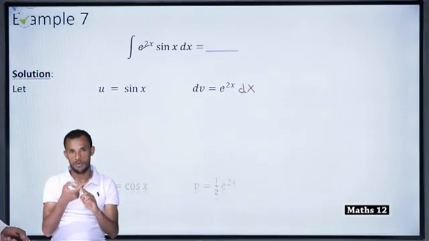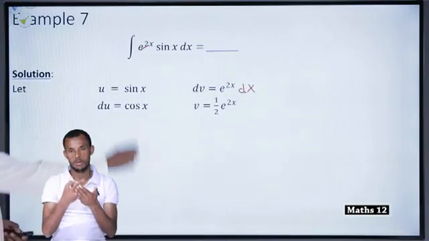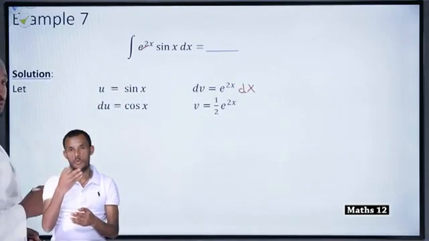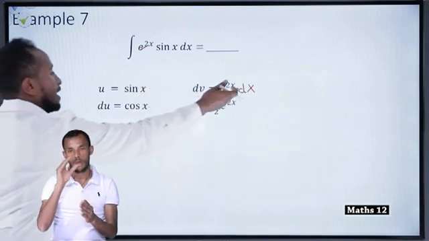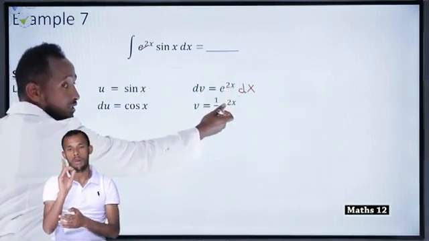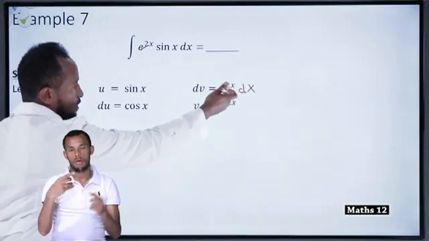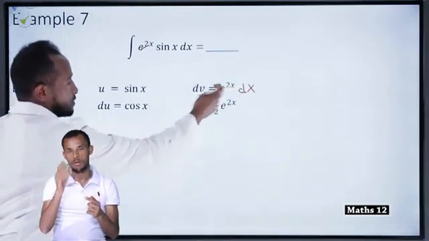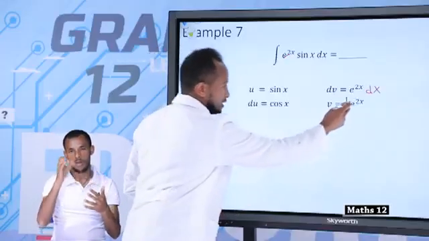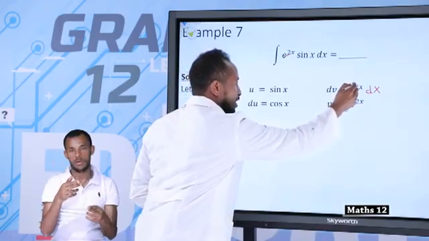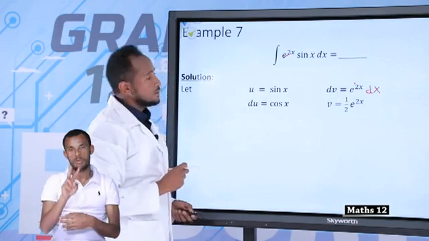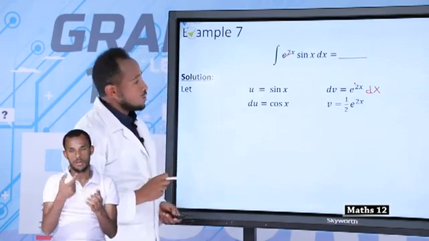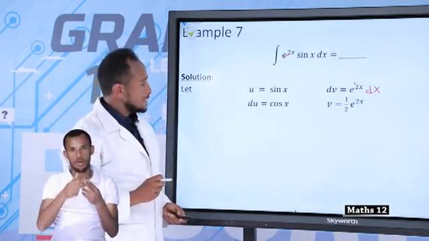Therefore, from this, you'll have the derivative of u, which is cosine of x, and the antiderivative, you have to list the antiderivative of this expression. It is the integration of e raised to 2x itself times the reciprocal of this coefficient. The reciprocal of 2 is 1 over 2. You have to put 1 over 2 there. So v will be 1 over 2 times e raised to 2x.